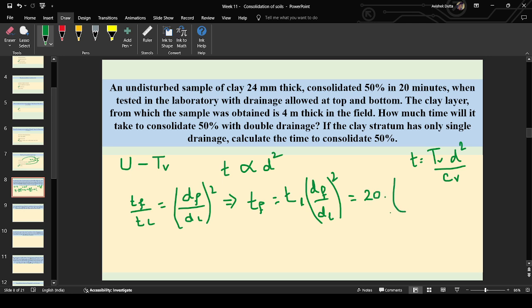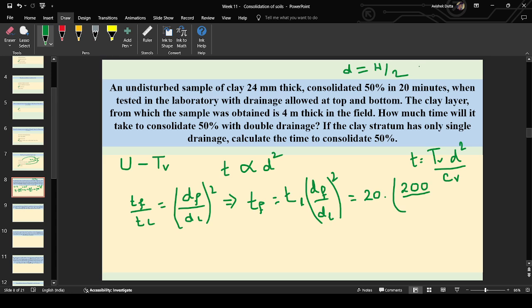What is the drainage length in the field? 4 meter divided by 2, because double drainage, isn't it? So 2 meter, that is 200 centimeter. For the laboratory it was 24 millimeter, means 12 millimeter, because d equals h by 2 for double drainage.